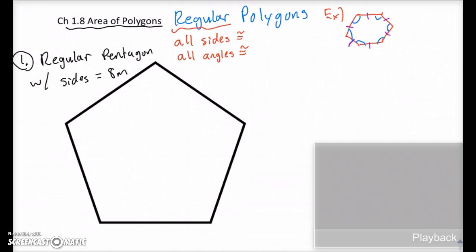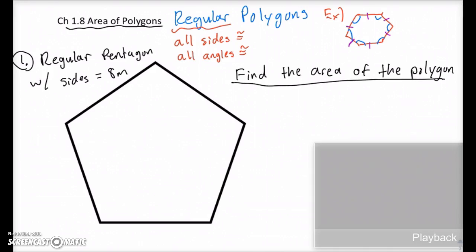Our goal is to find the area. So what we're going to do here, we're going to break this down a bit to solve it as easily as we can.